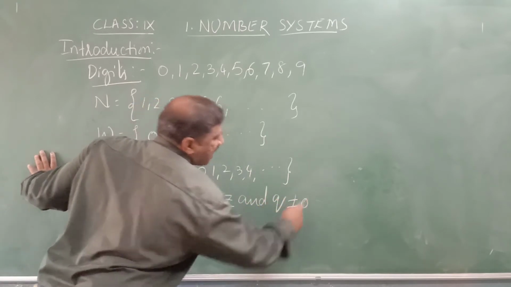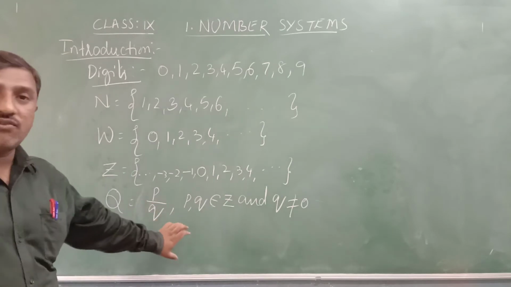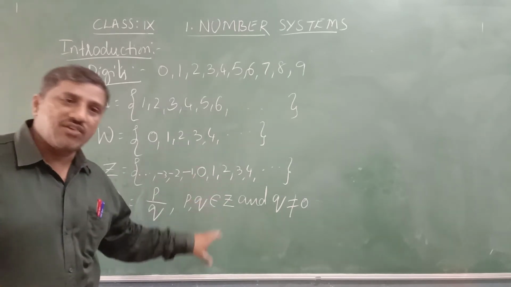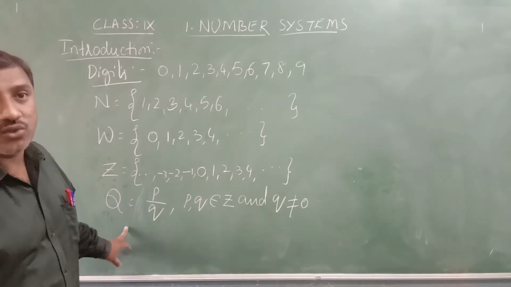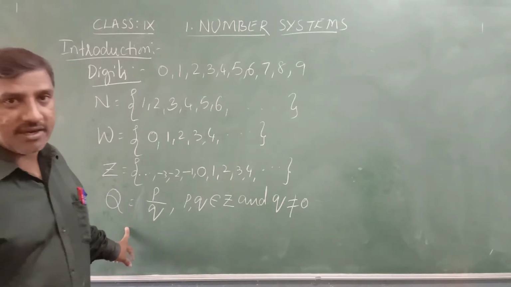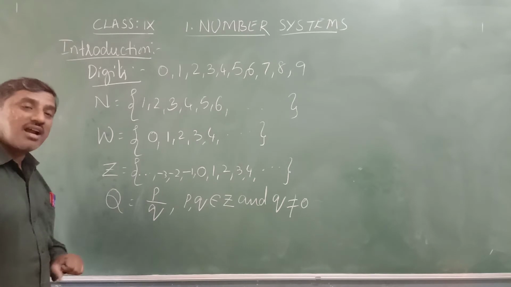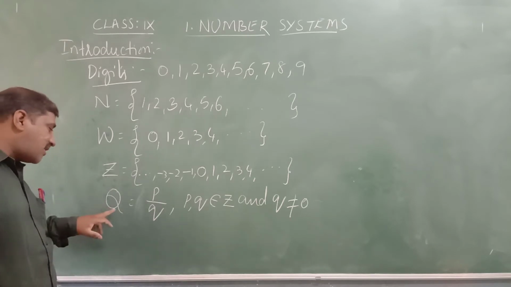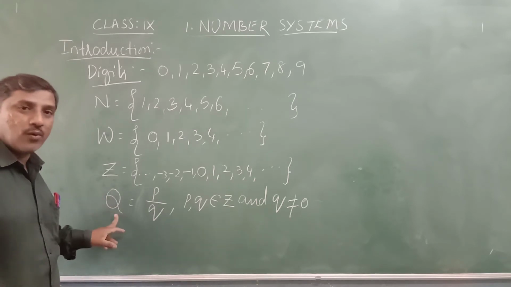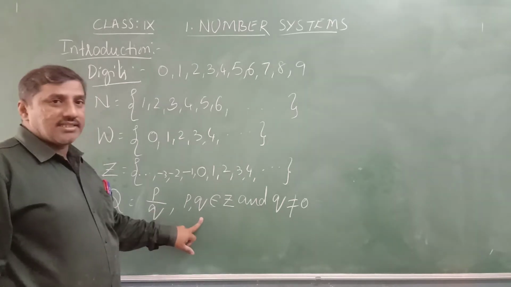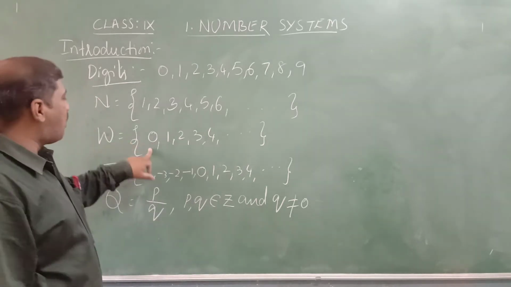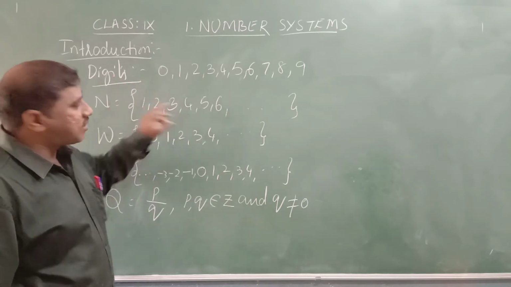It should not be equal to 0. Such kinds of numbers are rational numbers. They are represented with the letter Q. Rational numbers include integers, integers include whole numbers, whole numbers include natural numbers.